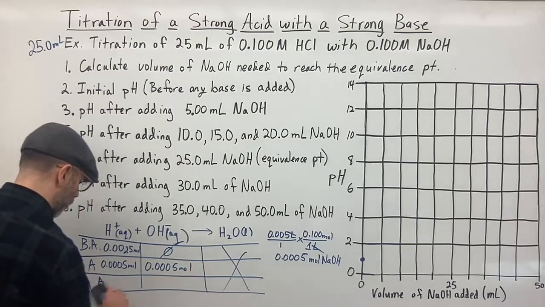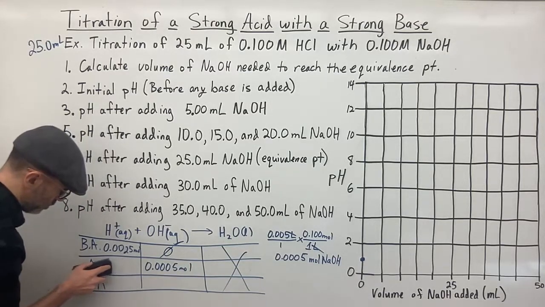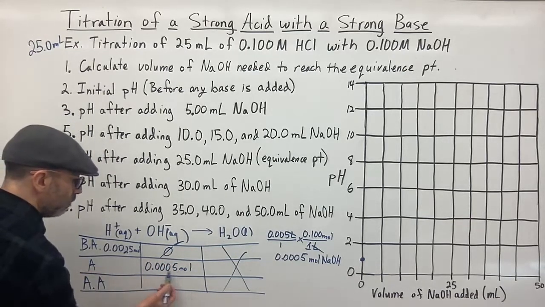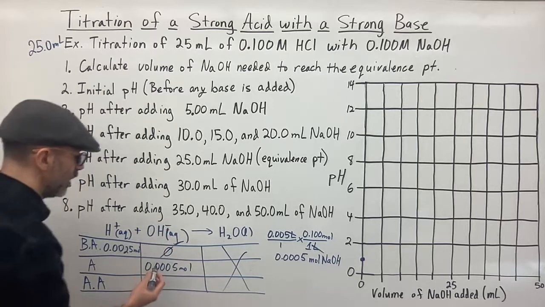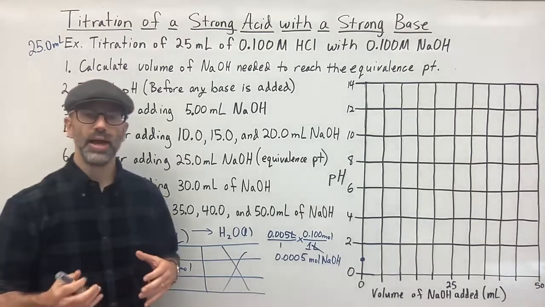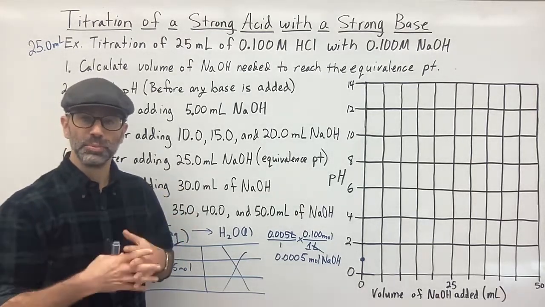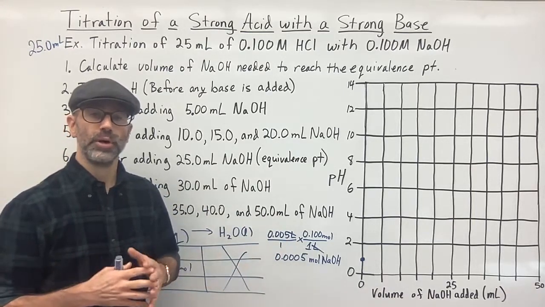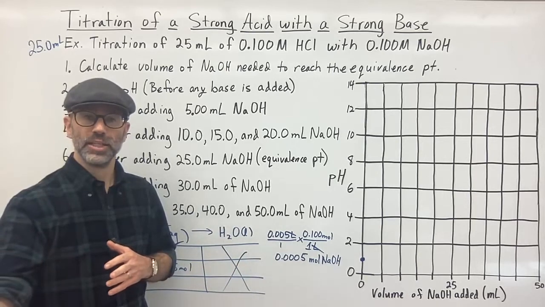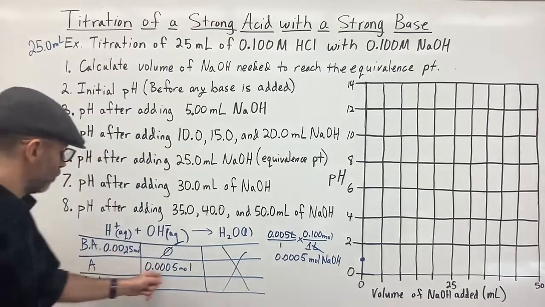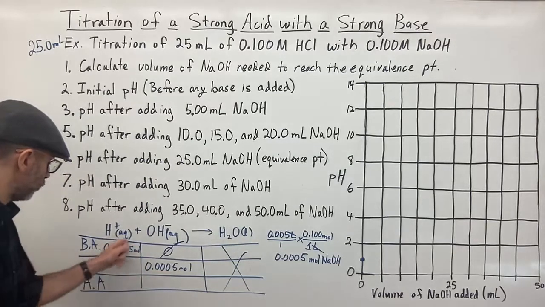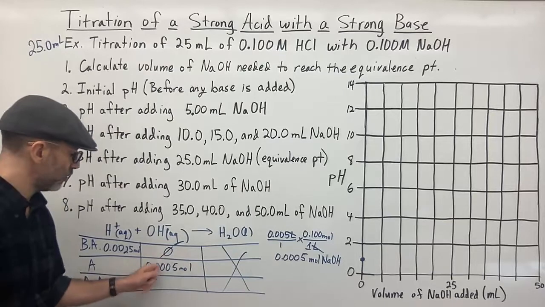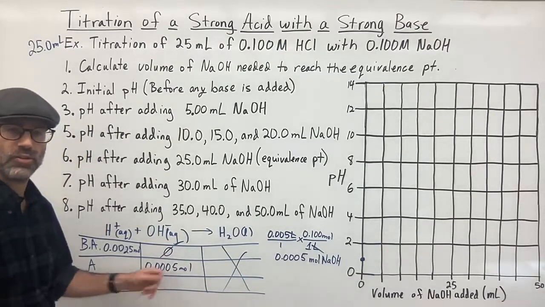We added OH, not H. Since this is going to be a complete reaction, all of the OH minus is going to react with your HCl, your H plus. Since we have this many moles of H plus and this many moles of OH, all of this is going to be reacting, so this is going to go to 0.